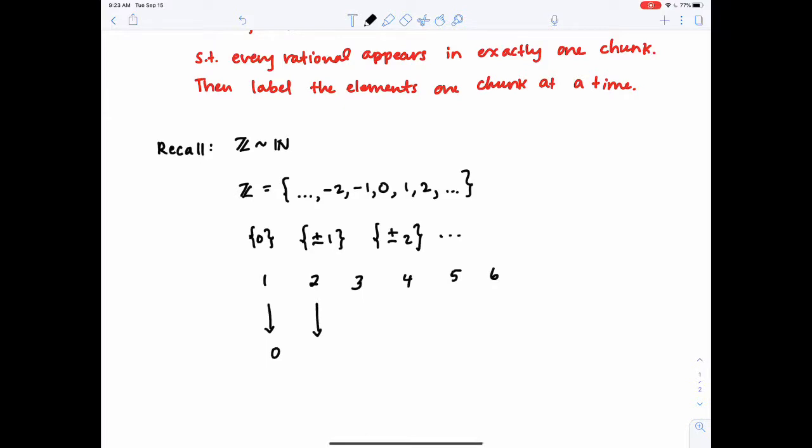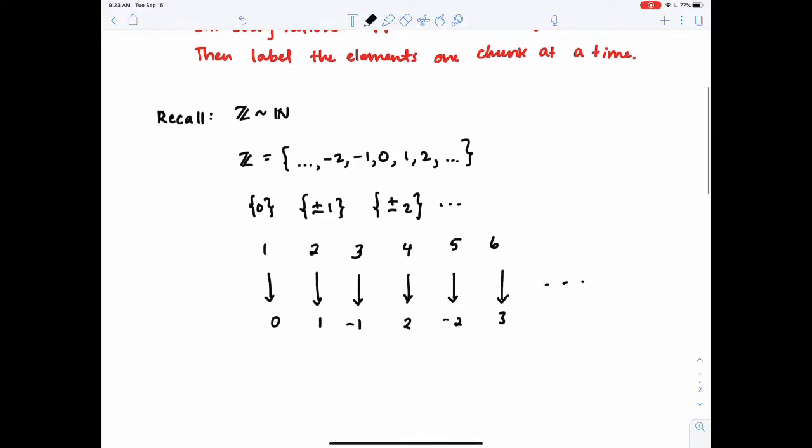Then let's label the chunk that contains ±1. So I need to make sure I label all elements in that chunk before I move on to the next one, etc., like this. And so here, these are finite groupings or chunks of the integers.